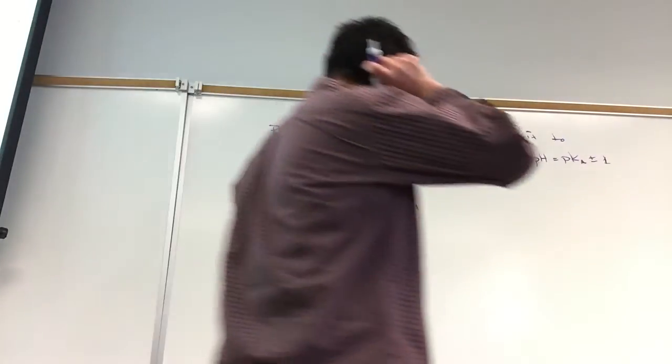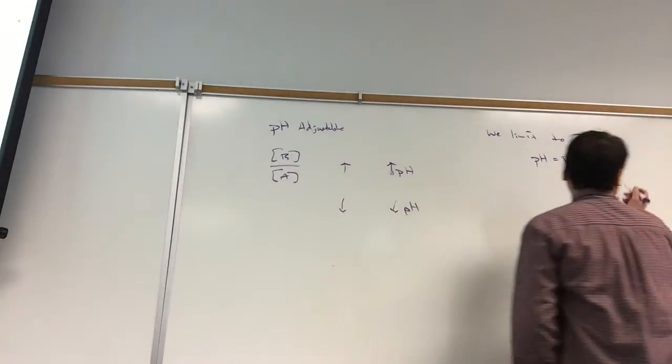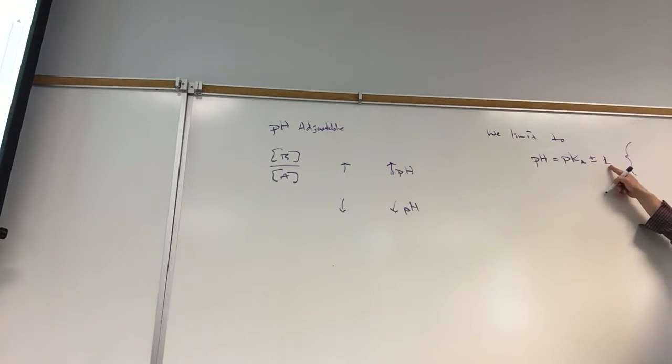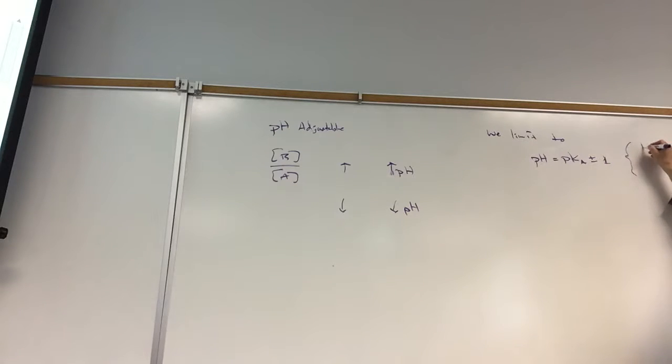And so when we go with pKa plus or minus 1, what that means is that if we go plus 1, then we're going to have a 10 to 1 base to acid ratio. Actually, let's write this up right here, base to acid. If we go minus 1, we're going to have a 1 to 10. And if we're at 0, then it's just a 1 to 1 or 10 to 10.